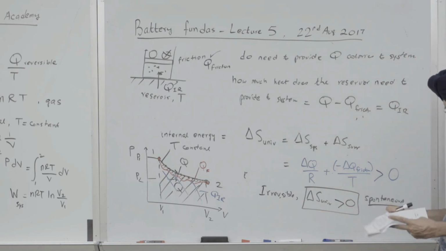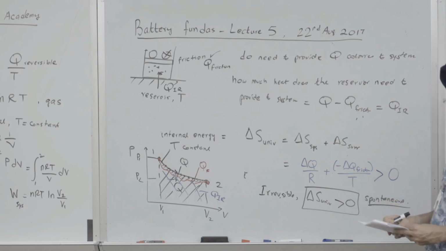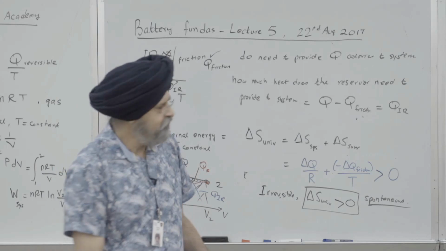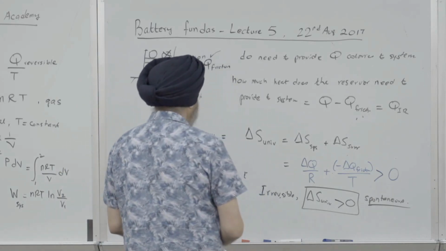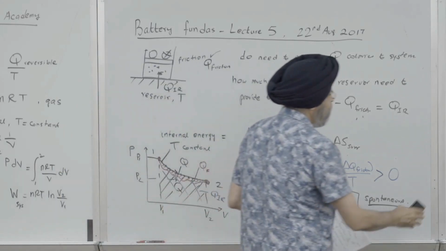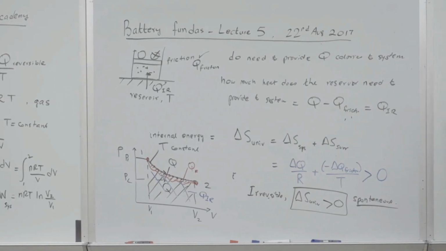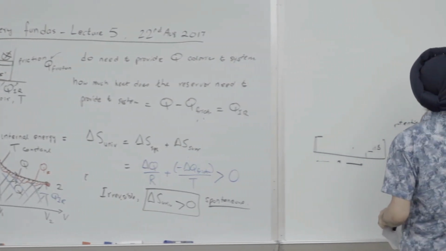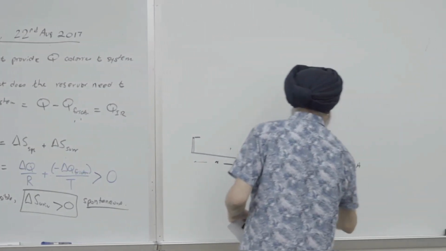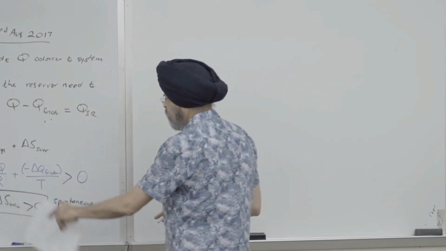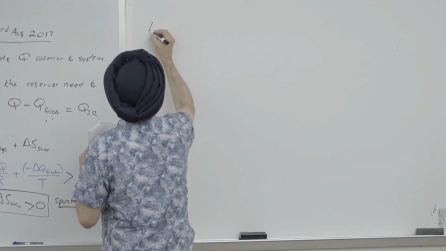So what has all this got to do with Gibbs free energy? Actually, we're almost there. Now we will tie this together and find out what Gibbs free energy is. Gibbs free energy comes about like so. Let me rewrite the delta S of the universe.